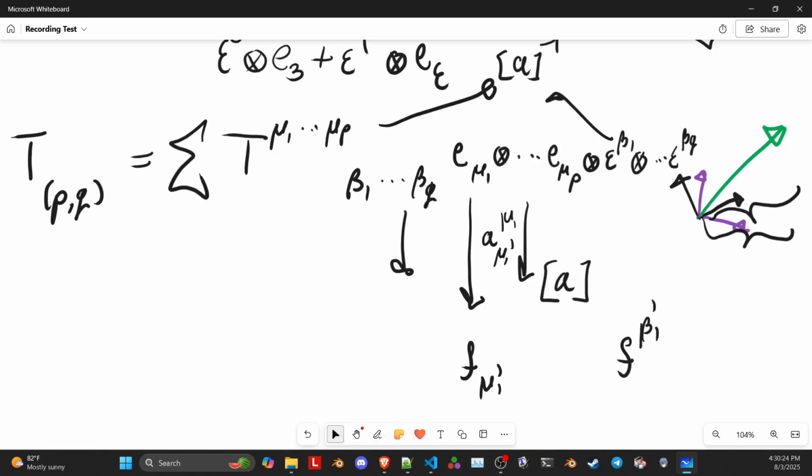And this matching of indices for our overall tensor T of type PQ will have the same kind of cancellation, where you can either sum over the bases or sum over the matrices A themselves and combine them with their inverses.